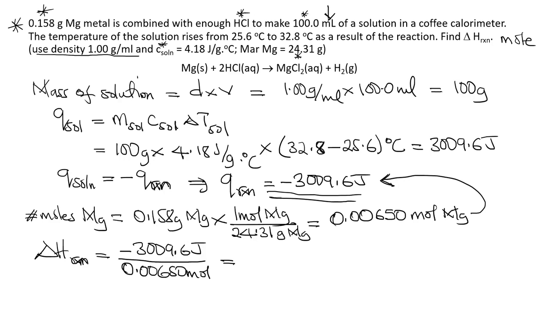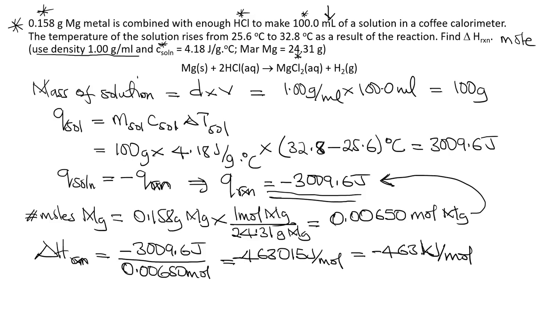And in the end, we get 463,015 joules per mole, and don't forget the negative, which is negative 463 kilojoules per mole.